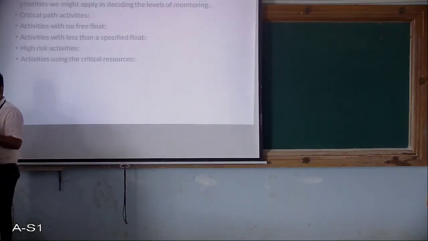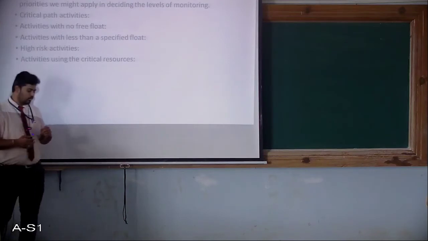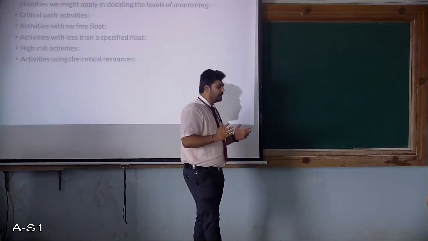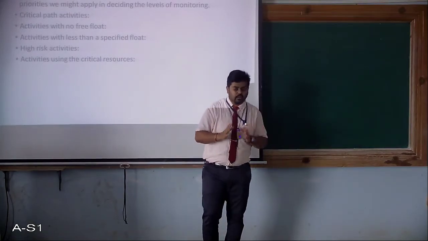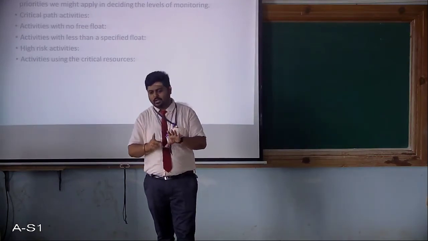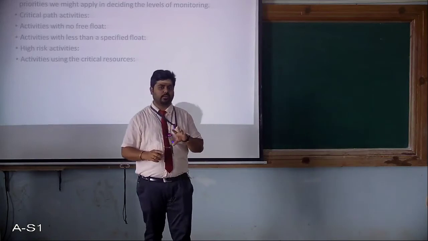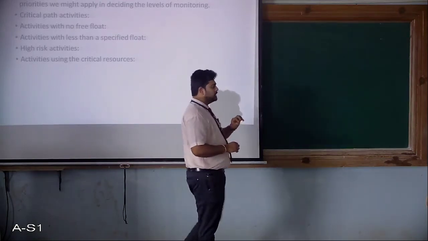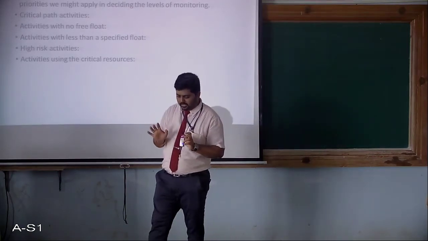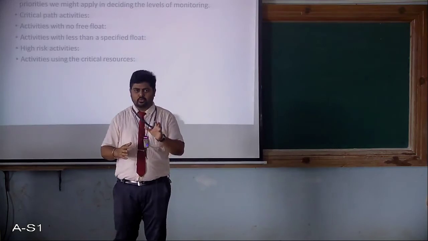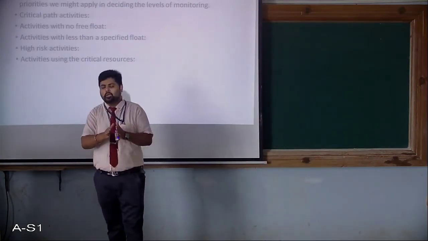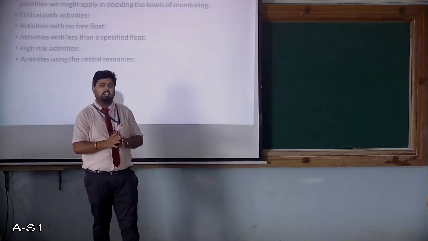Here, critical path activities means you cannot make any change in the allocated span of time. For example, for testing I have given 1 month of time, starting from the first of the month and ending at the 30th of that month. A critical activity means you cannot modify it.